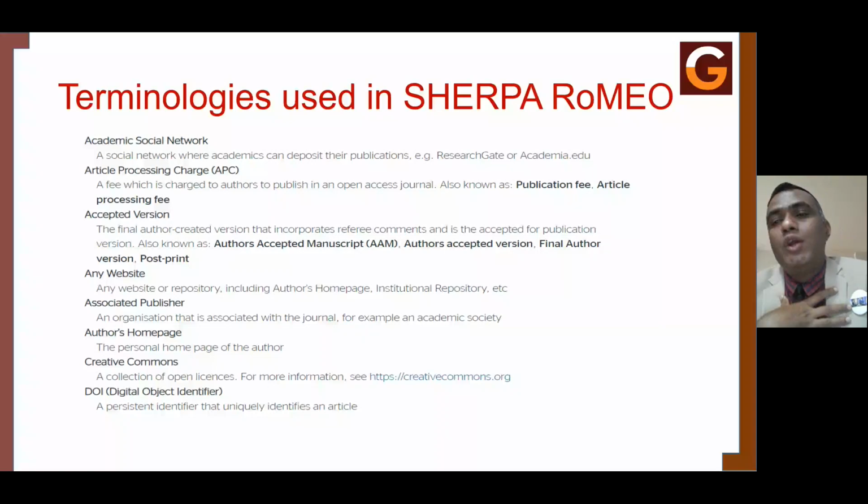Usually, according to my experience, reputed journals under Elsevier or Emerald, if you want to make your research paper open access, will charge you somewhere around 50,000, 1 lakh, 1.5 lakh rupees. So all of you should know about this particular terminology, which is called article processing charge. And the third terminology is with regards to accepted version, the final author created version that incorporates referee comments.